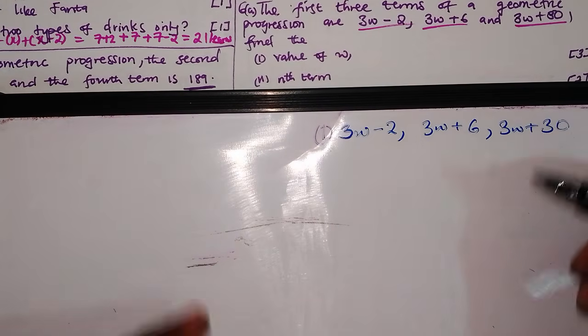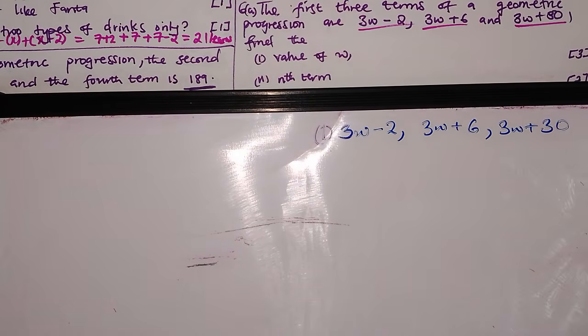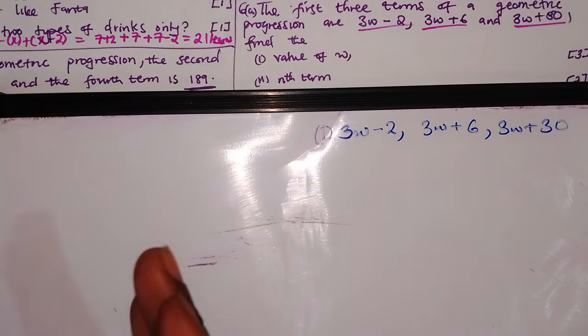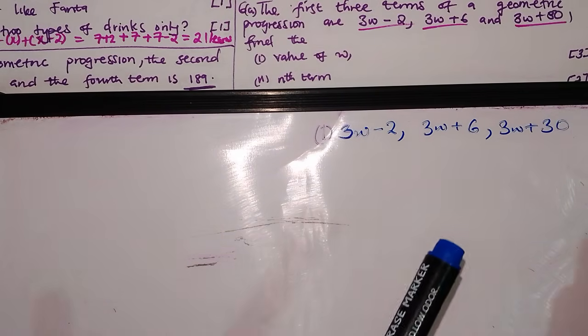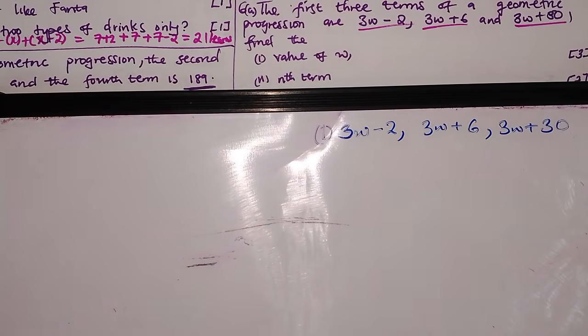So this is our first 3 terms, and our first question is requiring us to calculate the value of w. So remember I told you, anything which has to involve calculating something, let's say the first term, the common ratio, or w in our case, divide the second term divided by the first term, the third term divided by the second term. So we are going to use the what?